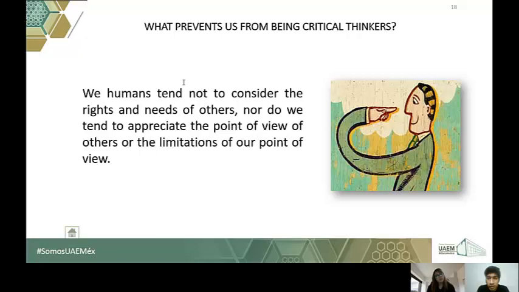We rely completely on our intuition even if it is wrong.